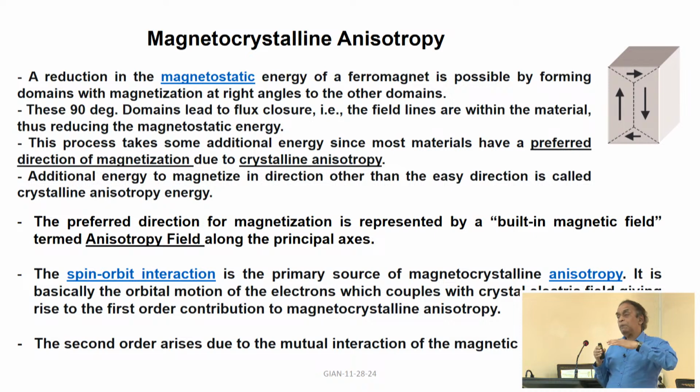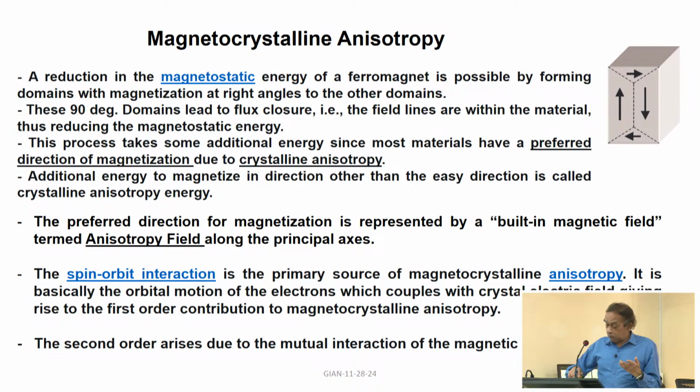So, when the magnetic field is applied in different directions, it takes more for you to do the magnetization in a particular direction than in some directions, which are easy. So, the easy directions behave as if there is an internal magnetic field present in the sample. That internal magnetic field is called the magnetocrystalline anisotropy field.